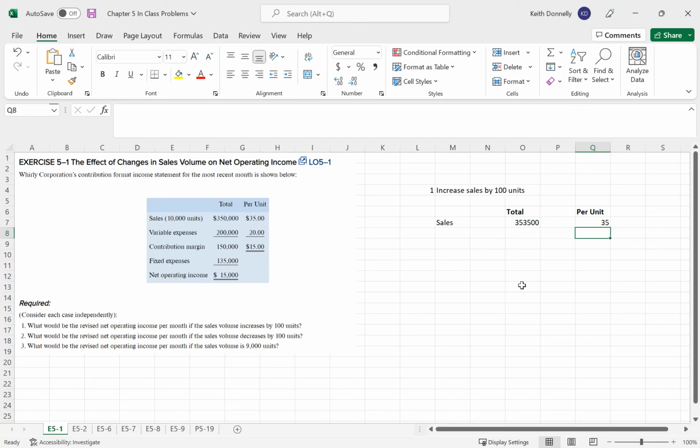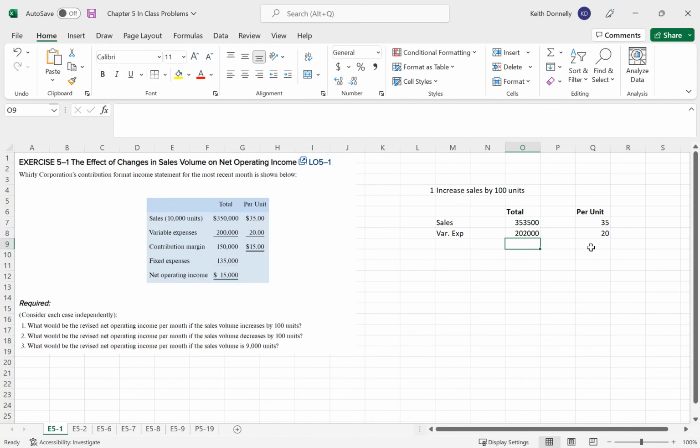Okay. We know next we have our variable expenses. That looks like that's $20 per unit. So we're going to do, in this case, the 10,100 of sales times the $20 per unit. It's going to get us 202,000.